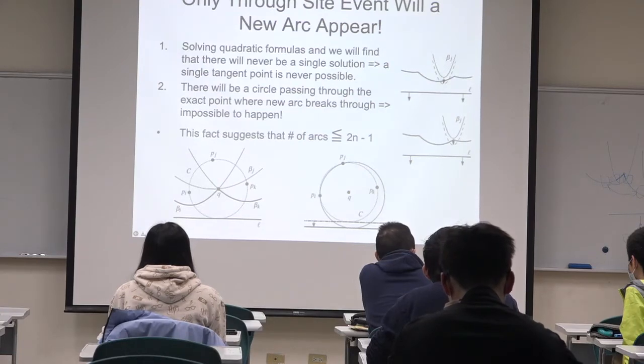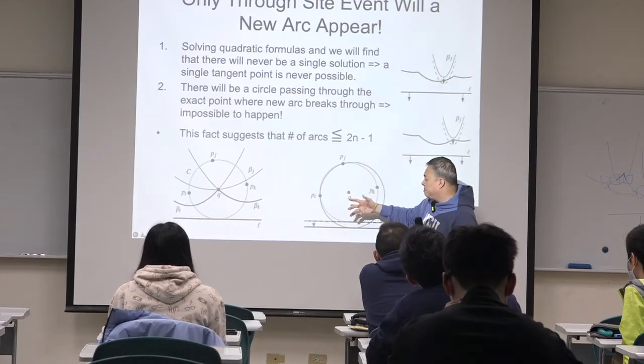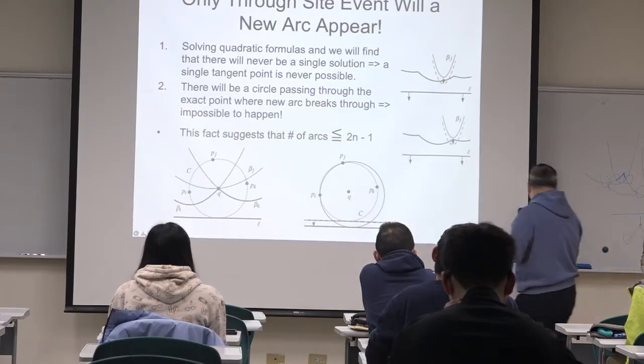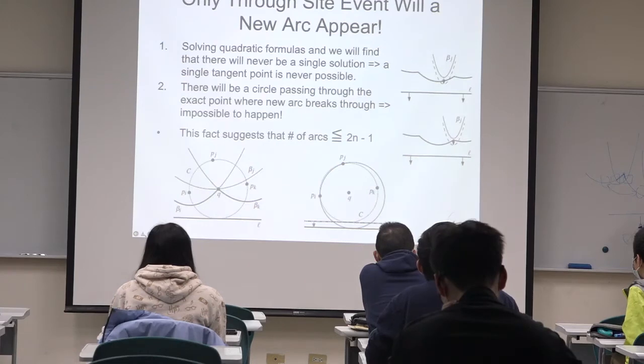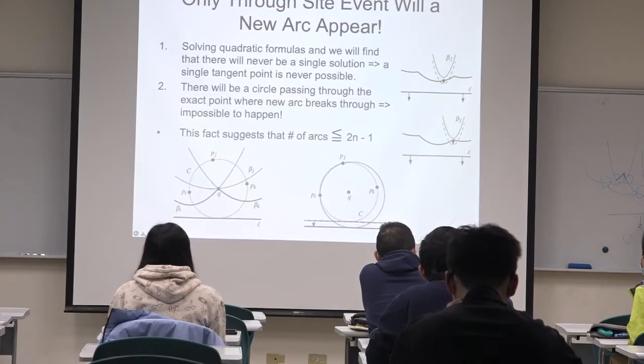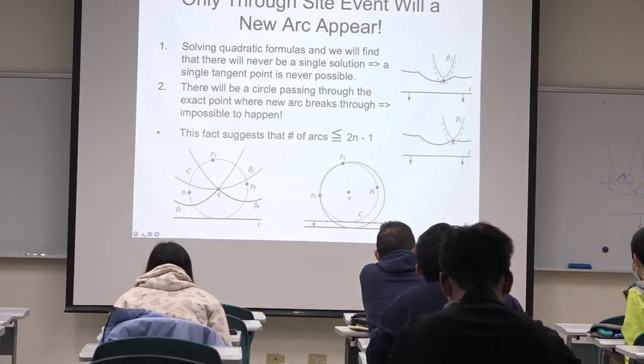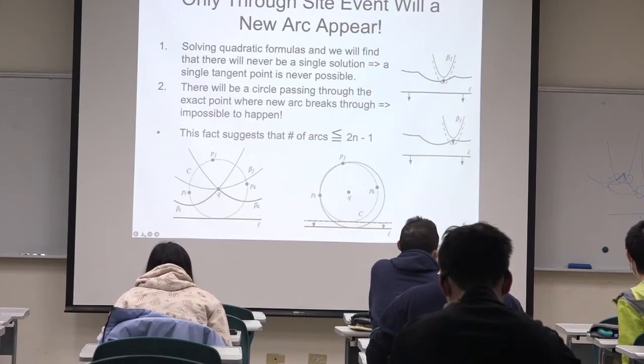Supposedly. But I'm using this one to tell you that a very near point here is impossible to appear. A very near point here is impossible either. So you just have no way to induce these two edges. But if there's no way to induce edges, how can this point be the vertex?